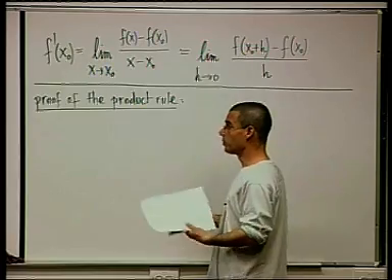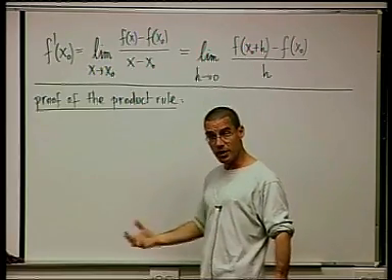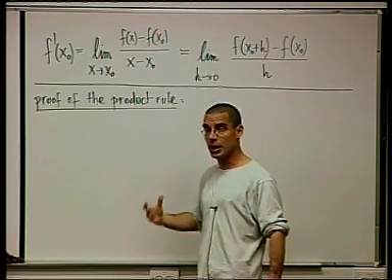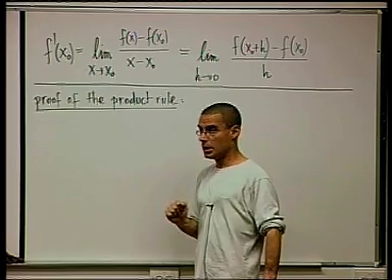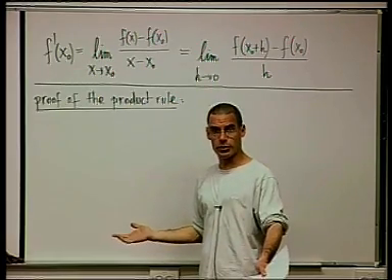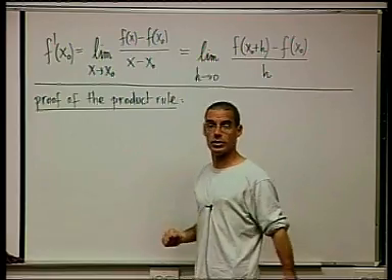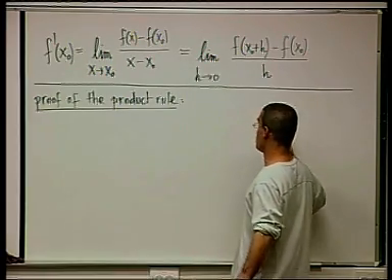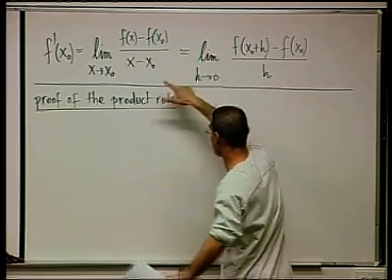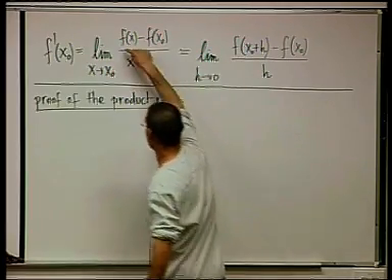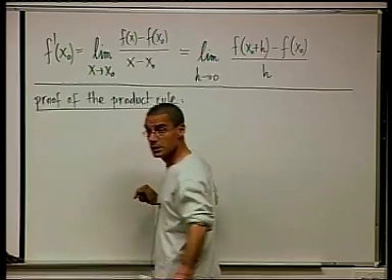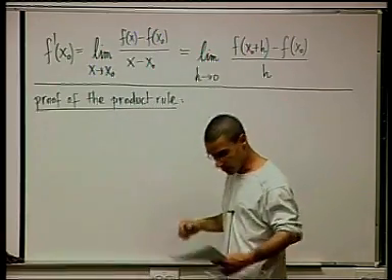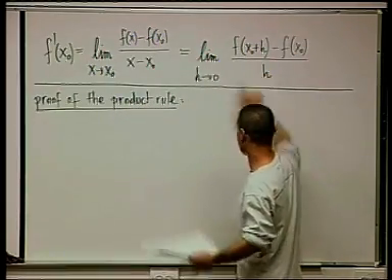So what do I want to prove? I want to find the derivative of f times g. The only thing I can resort to is the definition of the derivative. Okay? So I want the derivative of f times g, so I have to choose one of these. Instead of writing f, I'm going to write fg and calculate the limit. Okay? So I'm going to choose this one here.